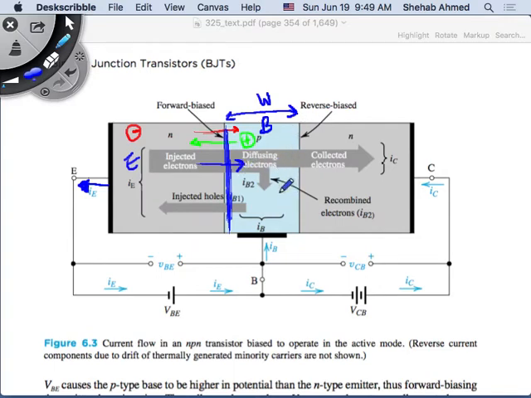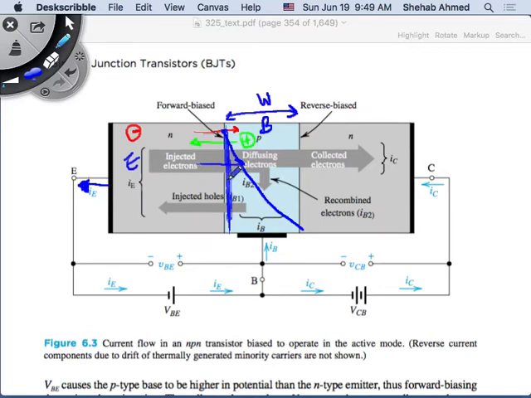Obviously, they become a minority in the p-side material. So if we look at the concentration of the electrons as they move forward, it will be high here and then lower here at the end of the base. We're okay with that? I'm talking about the electron concentration.